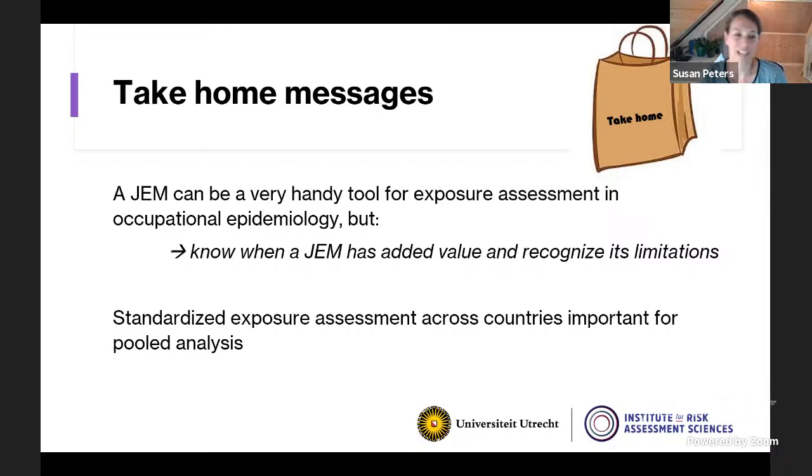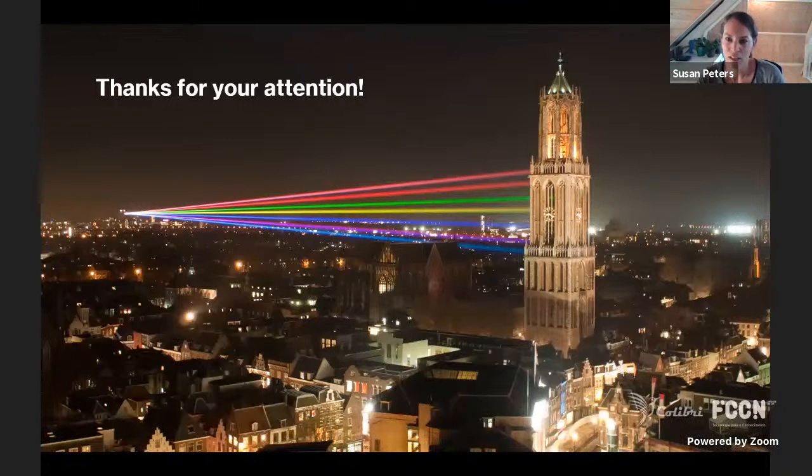Of course, it can also be very handy to have this type of tool to get standardized exposure assessment across countries, which is particularly important in this type of pooled analysis in multi-center studies. But still, do recognize the strengths and limitations both. So I want to thank you for that, and I'll give the floor back to Henrik, I think.